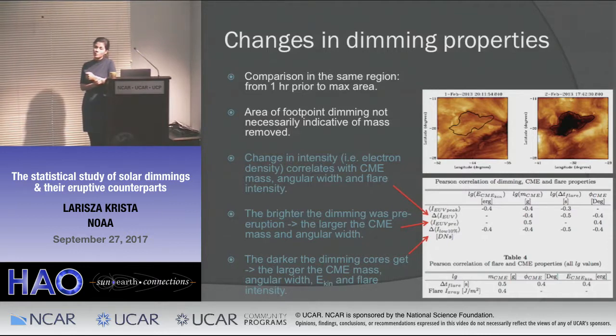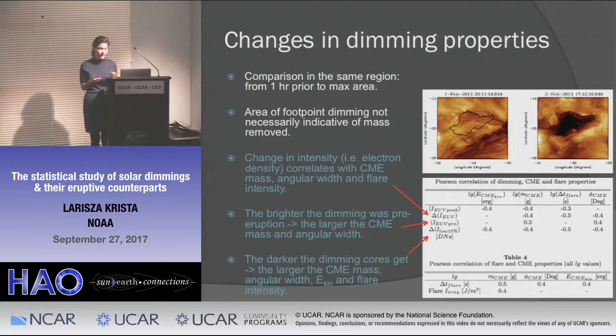And it could be just the fact that this is a LASCO CME catalog, which means that a lot of the time, if the dimming is near the disk center, and mind you, I'm trying to look within 60 degrees, so my obscuration is low, that means that a lot of the CMEs are coming towards us. So if they are small, you're not going to see them if they're coming straight at us, or you would see a halo.